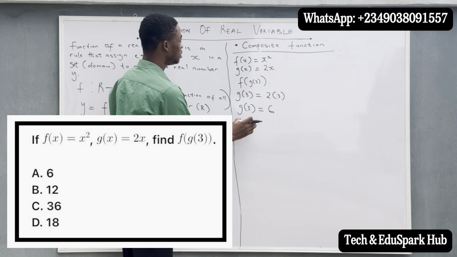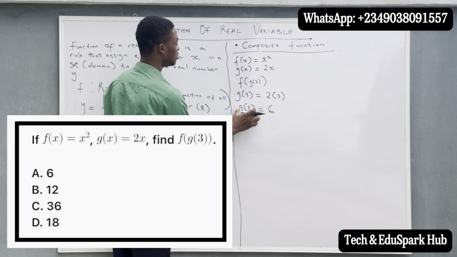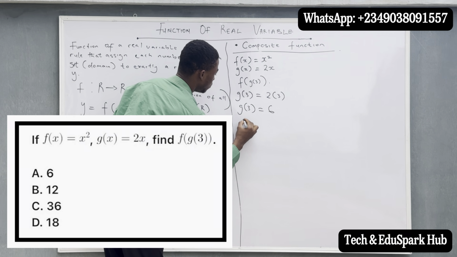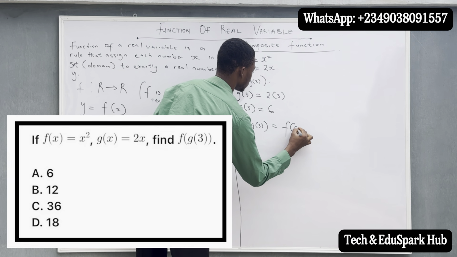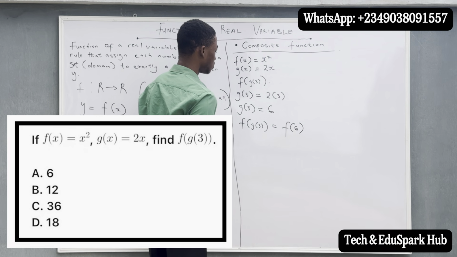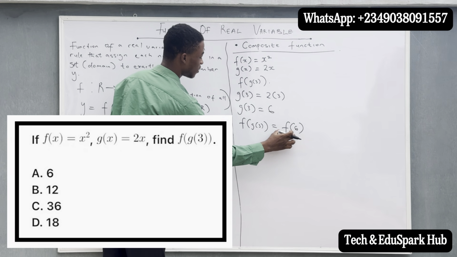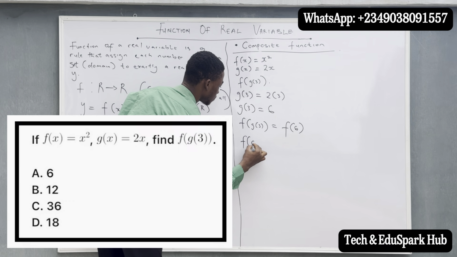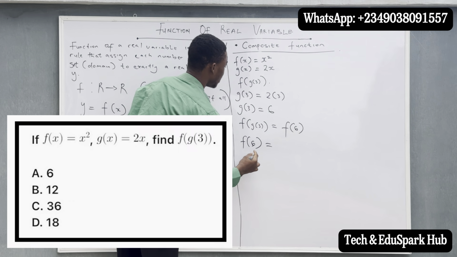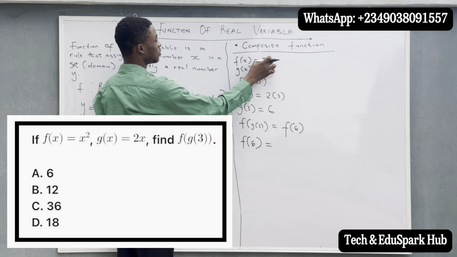So now that we have gotten g of 3, we can now put what we got for g of 3 back in this equation. So we have f of g of 3 to be equal to f of 6. So in order to get f of 6, remember that f of x is x squared.